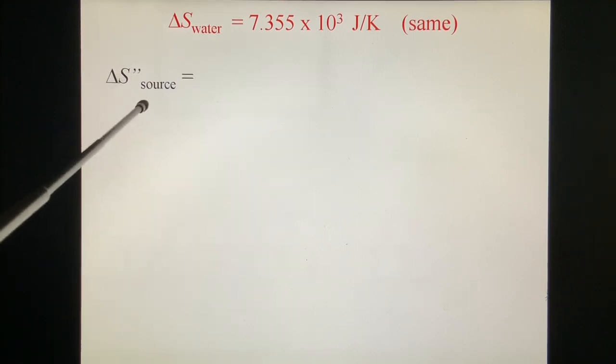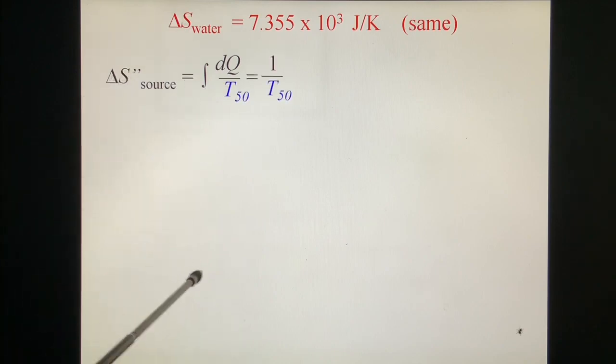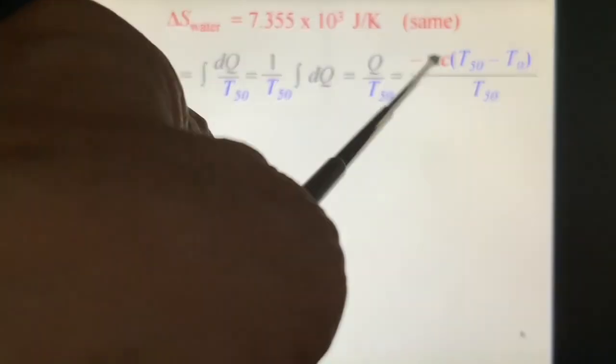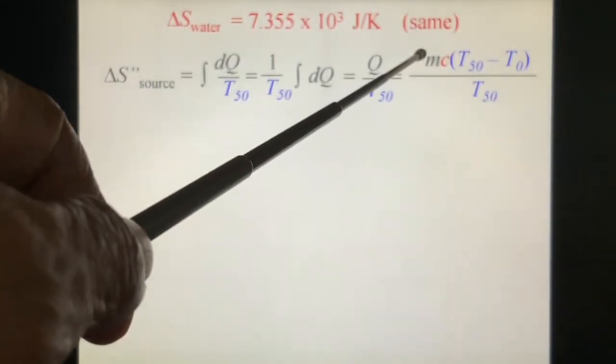Let's see the source. We have two sources. One is at 50 degrees. We take this out, and this delta Q is mc times 50 minus 0. This is negative because for a source it's output.